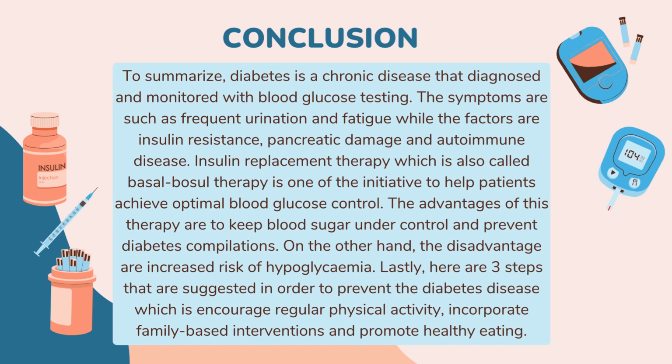The advantages of this therapy are to keep blood sugar under control and prevent diabetes complications. On the other hand, the disadvantage is increased risk of hypoglycemia. Lastly, here are 3 steps that are suggested in order to prevent diabetes: encourage regular physical activity, incorporate family-based interventions, and promote healthy eating.